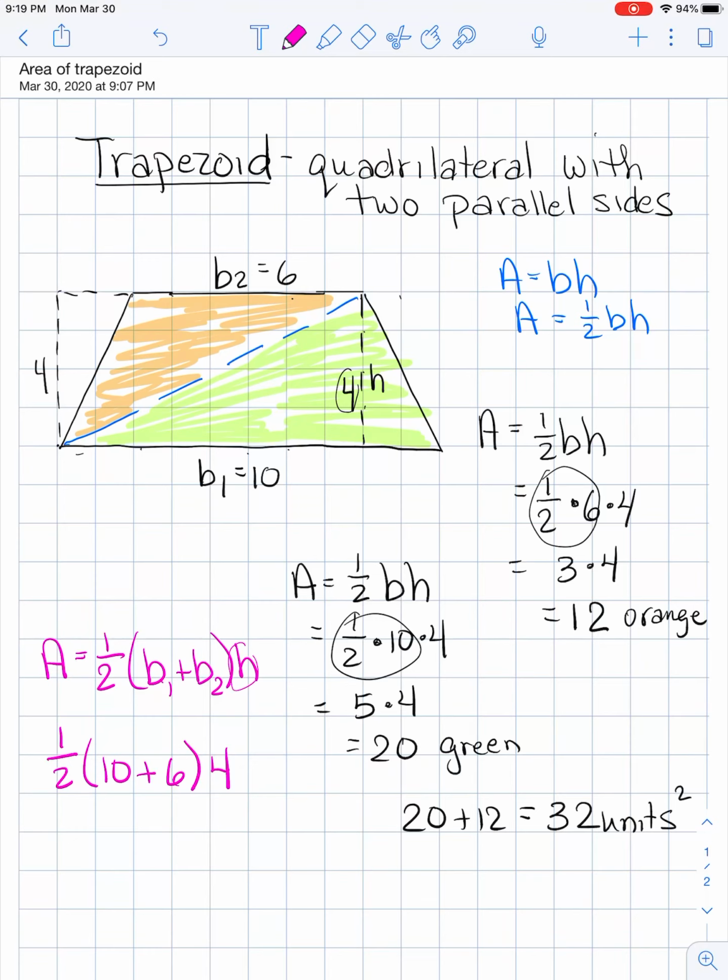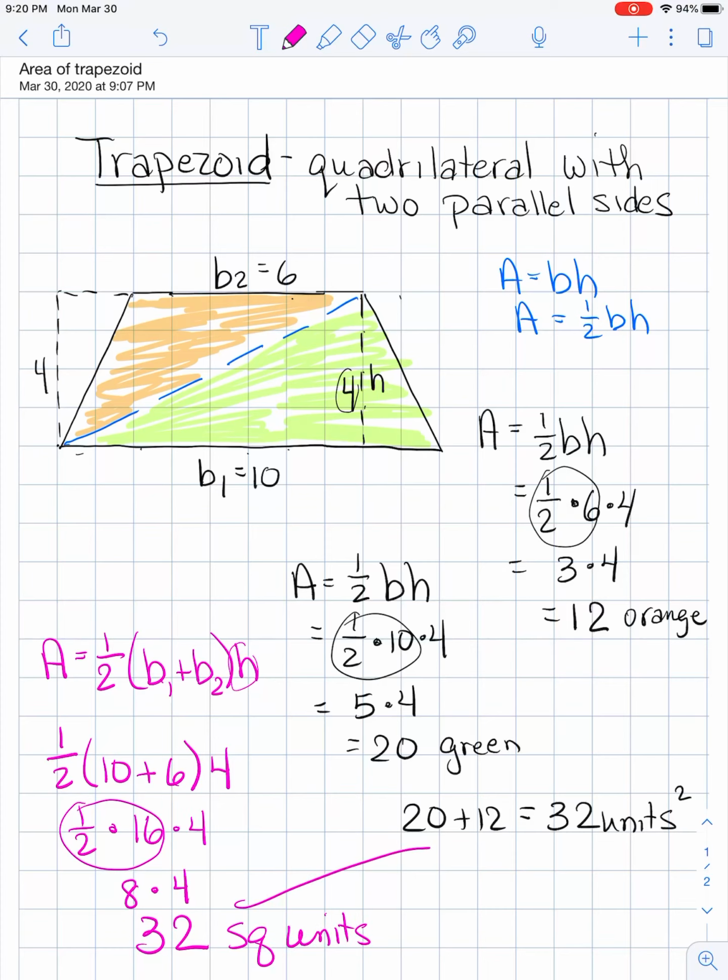All right, so 1/2 times 16 times 4, and this would be 8 times 4, which, ta-da, is 32 square units. Okay, so obviously these are the same.